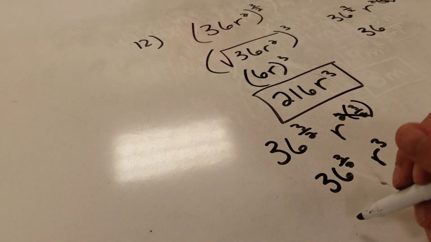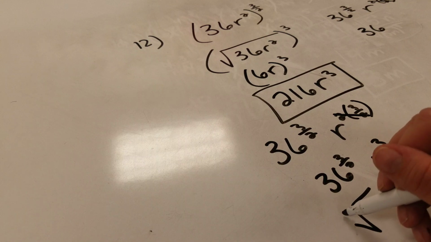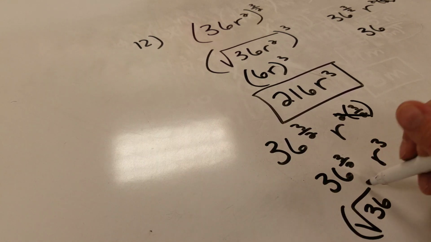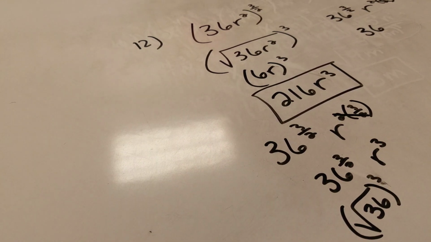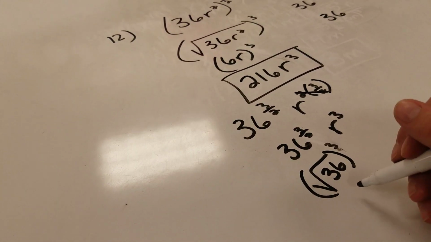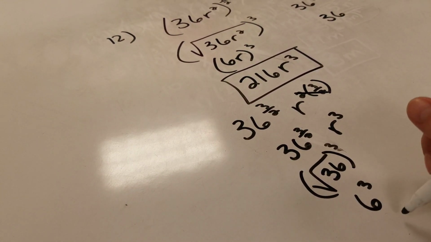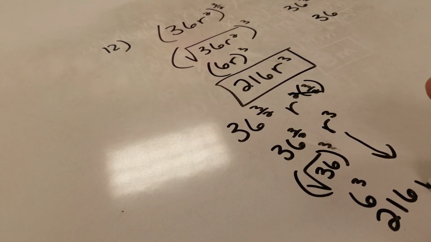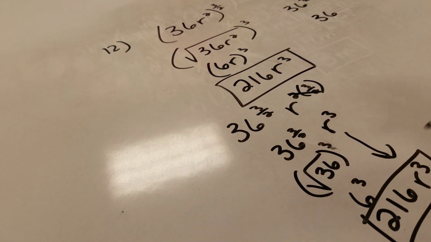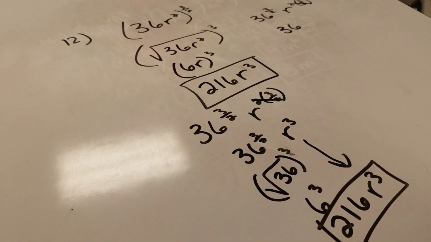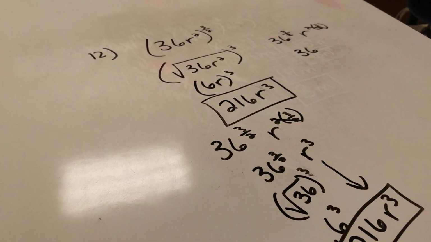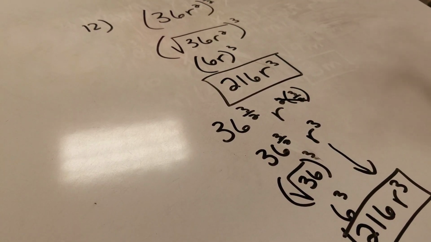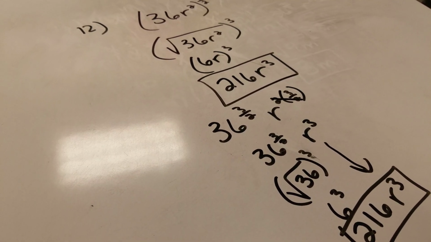So 36 to the 3 halves, we'd have the square root of 36 to the 3rd power. So again, the square root of 36 is 6. 6 cubed gives you that 216. And then we can bring down our r cubed. So again, neither way is that much easier. Just depends on which way you're more comfortable. All right, that's it.